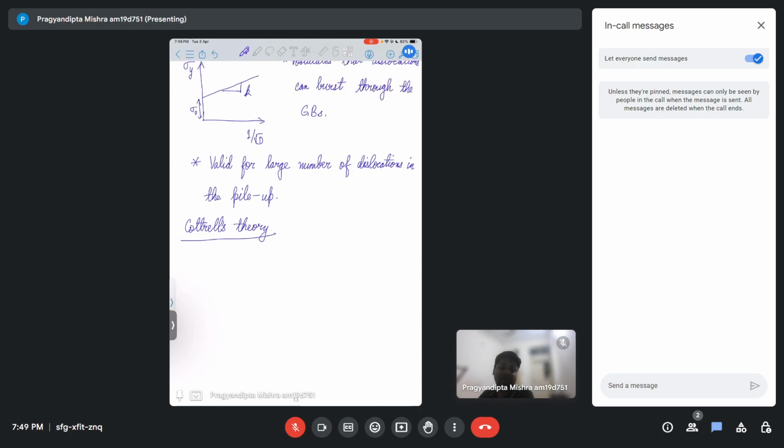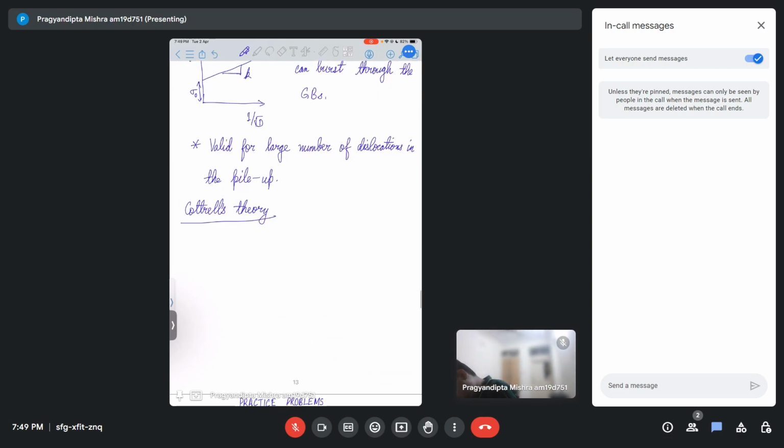Cottrell said that it is virtually impossible for dislocation to burst through grain boundaries.